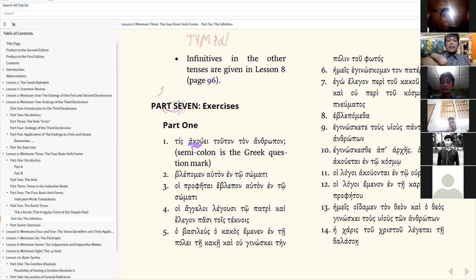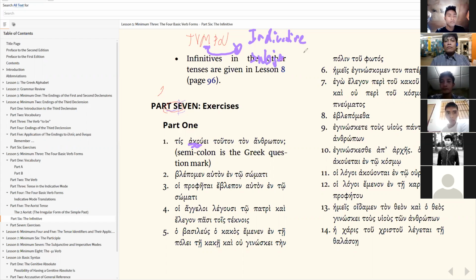What is the mood? Come on, what is the mood? Remember the moods? Indicative. What else? Subjunctive. And imperative.